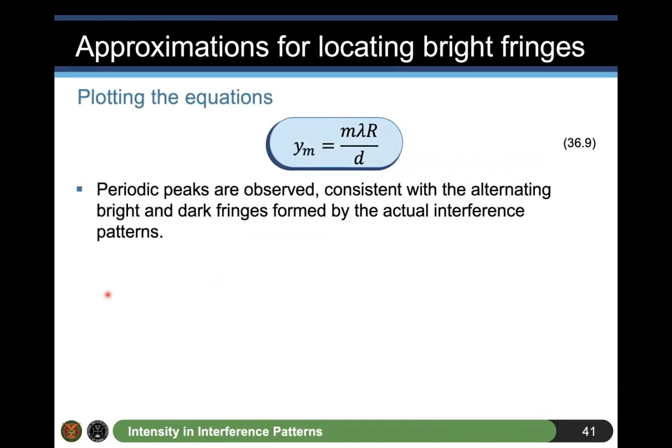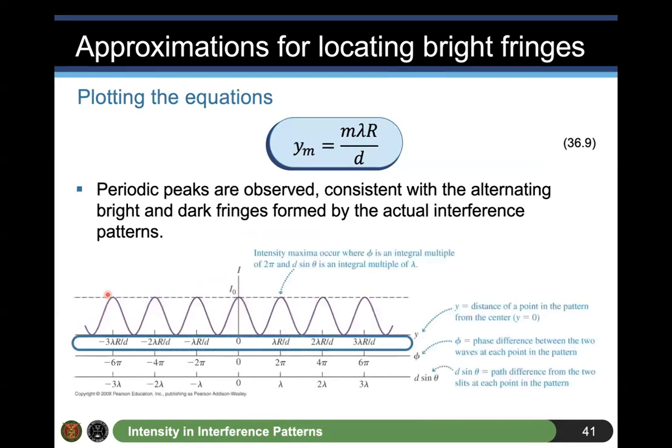Now, if we plot yung ym for various lambda, okay? So, makikita natin itong plot na to. So, yung intensity I versus y, okay? So, para tayong kumukuha na ngayon ng cross-section nung wave, makikita natin yung periodicity ng peaks or crests.